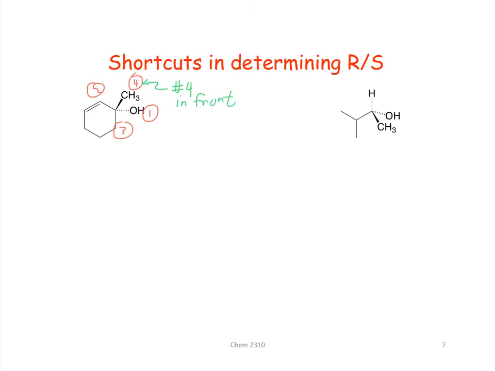So if we just go ahead and do our arrows and do the rotation, 1 to 2, 2 to 3, 3 to 1, what are we going to get? We're going to get exactly the backwards result.